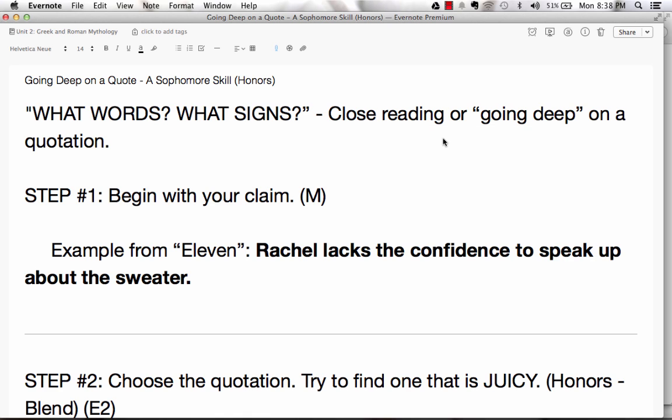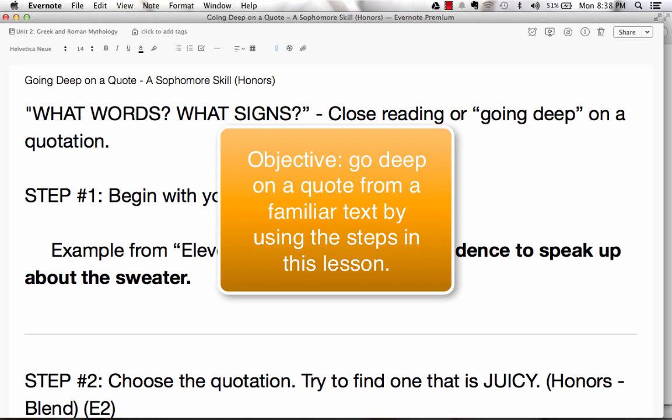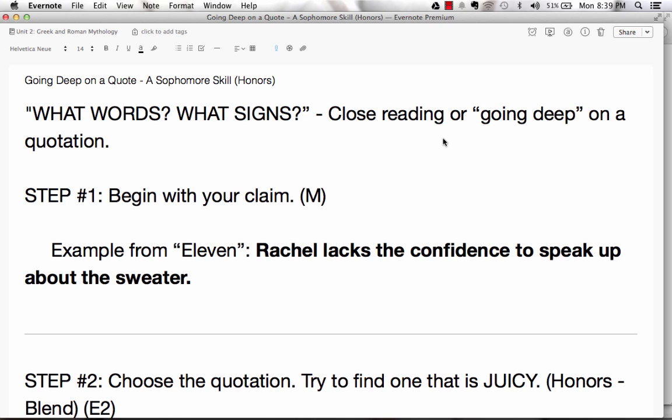The objective for this lesson is for me to be able to give you a random quote from a text that you know, and for you to be able to make a claim about that quote, introduce the quote, break the quote down, link it, and then conclude. So a lot of the elements that you learned last year are the same, and we're just extending a few of those elements in order to do better or deeper reading.